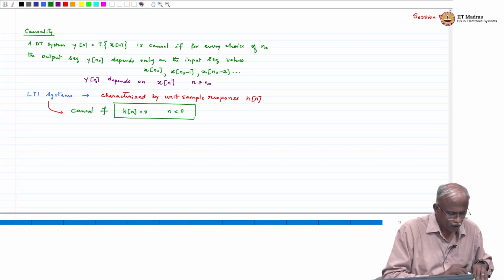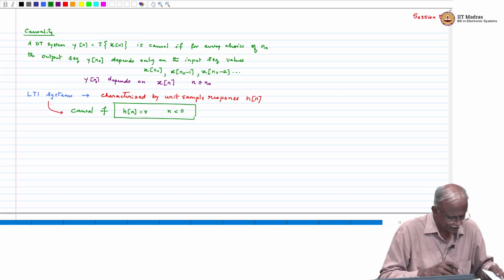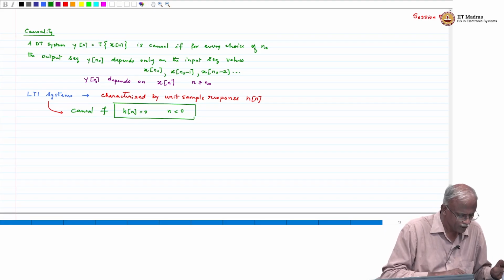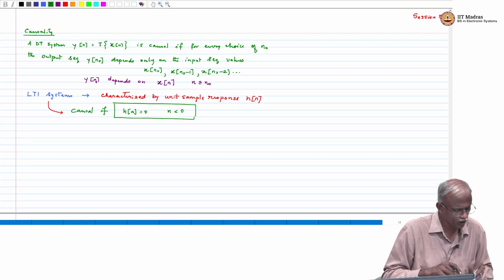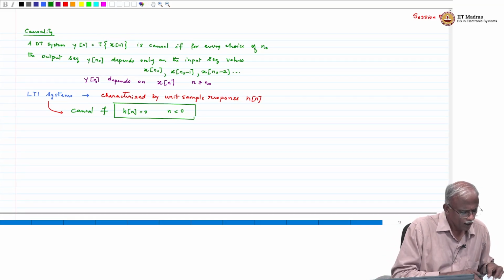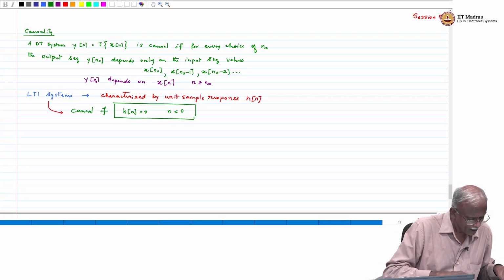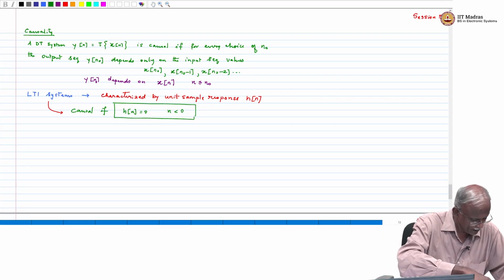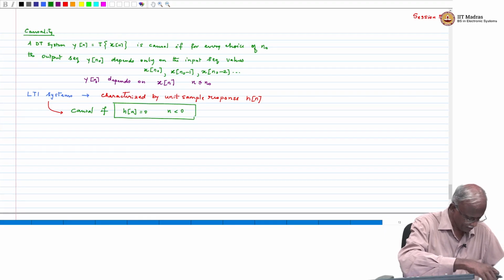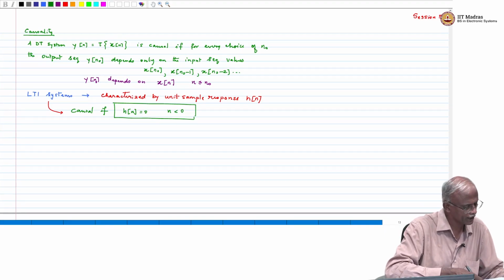So what I would like you to do is to look at the examples that we are going to be looking at, and quickly tell whether these systems would be causal or not. All right. So let us take a quick look at the first example of a system that we want to check.